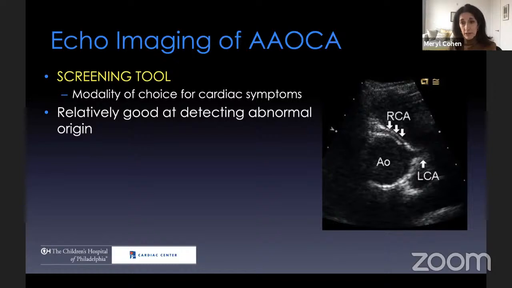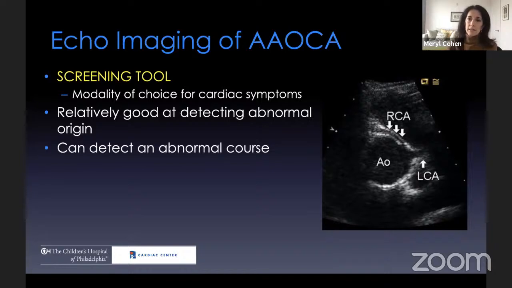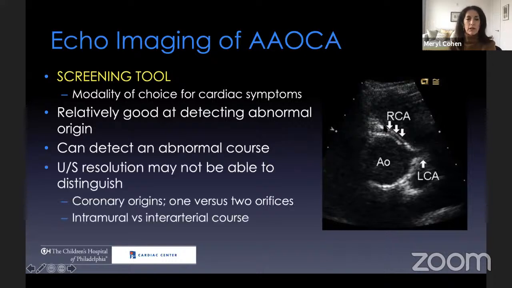It is relatively good at detecting the abnormal origin of the coronary artery and can also see, of course, the abnormal course, as you see on the right-hand side of your screen, where the coronary is passing abnormally between the two great arteries. But we are often not able to distinguish if there are two origins or one. You can see here, I would have trouble telling you if there's only one or two orifices of this coronary artery.